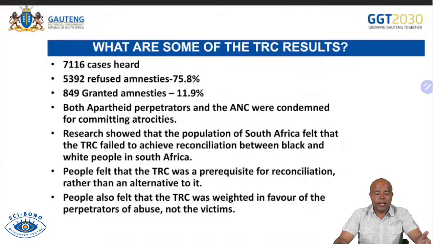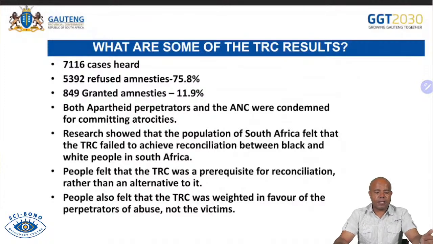People felt that the TRC was a prerequisite for reconciliation rather than an alternative. Now take note, prerequisite clearly means that this was pre-planned, basically. This was set up, that they will introduce the TRC and they will use the TRC to cover most of the things.